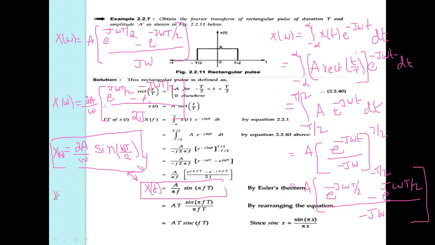So X(omega) is equal to 2A/omega sin(omega t/2), and in the denominator you can take omega t/2. Already the omega is there, no need of taking the t.